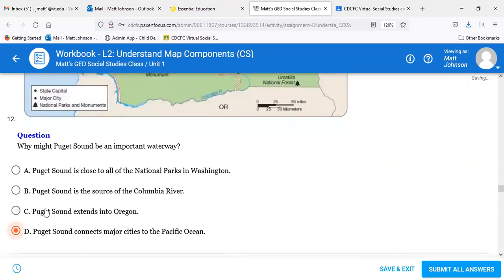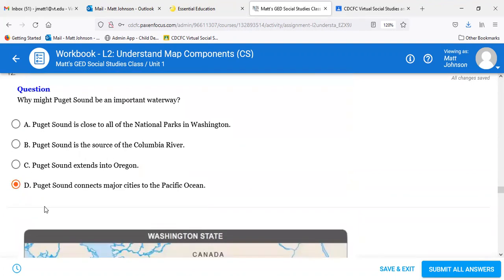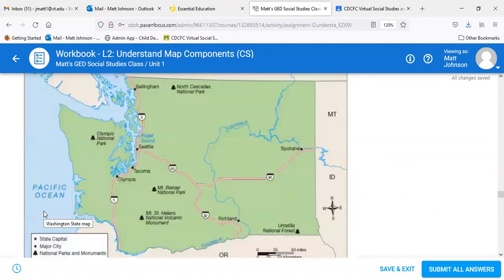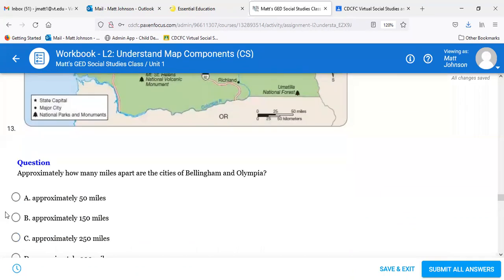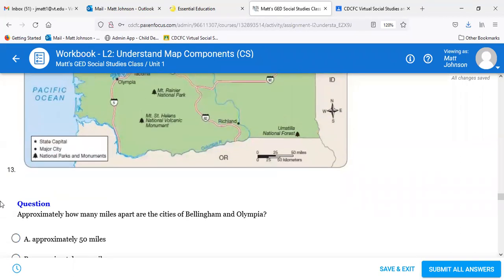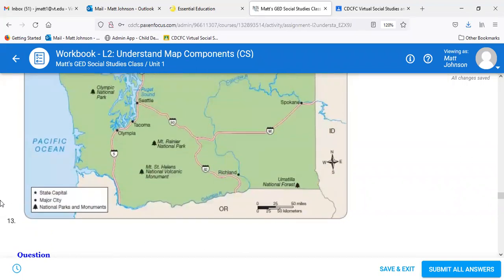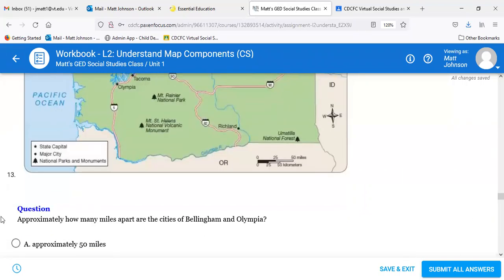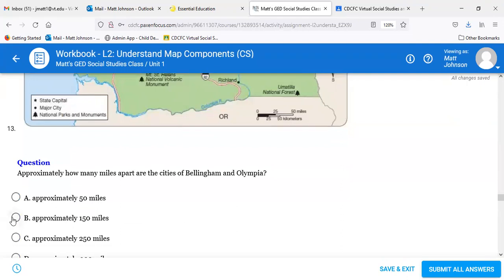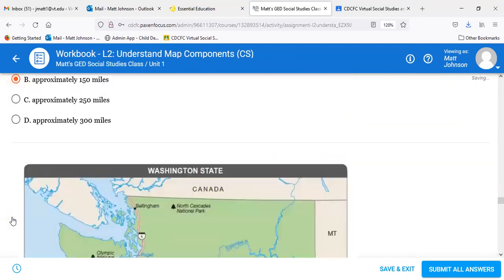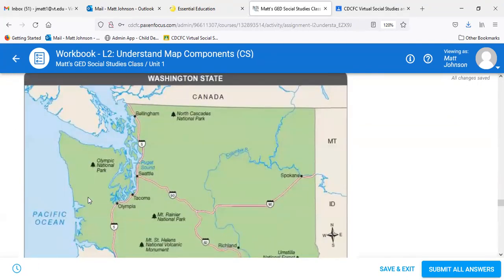So D is our correct answer. Number 13, approximately how many miles apart are the cities of Bellingham and Olympia? Again, can't really measure on that. B. Yeah, 150.